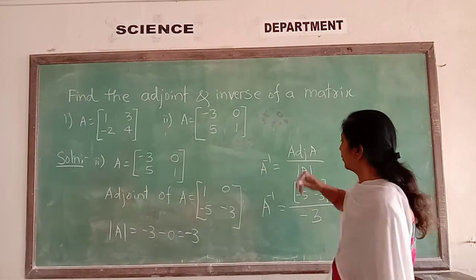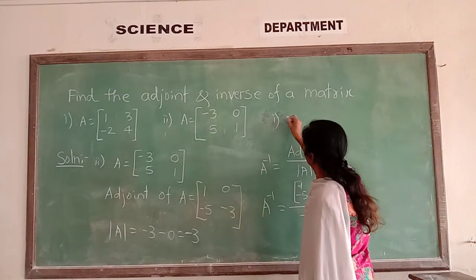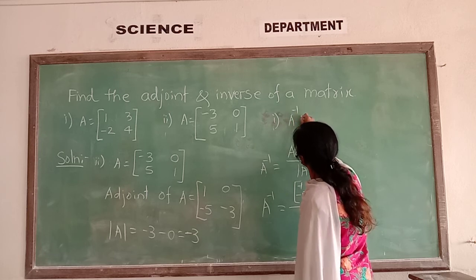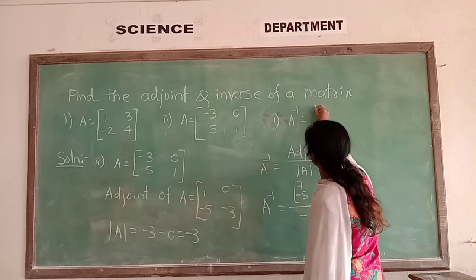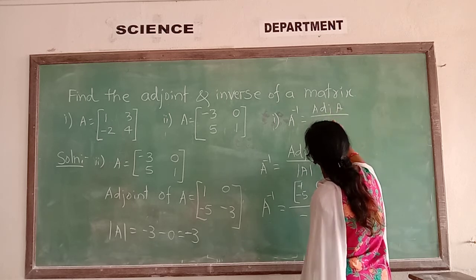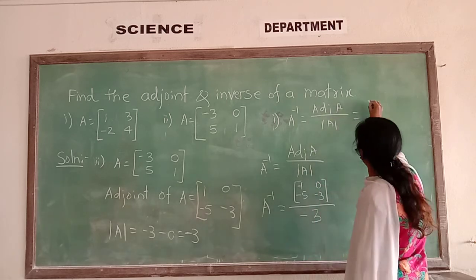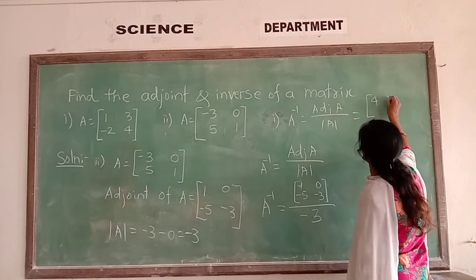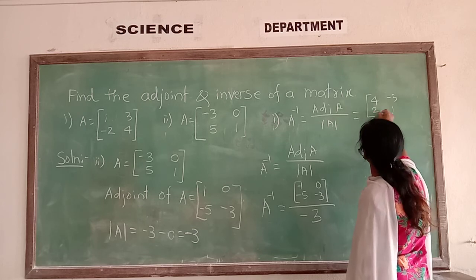In the previous sum we did not find the A inverse. Let us find that also. For that sum, A inverse is adjoint of A upon determinant of A. Adjoint of A we directly write here. 4 goes here, 1 comes here. And it is minus 3 and it is 2.